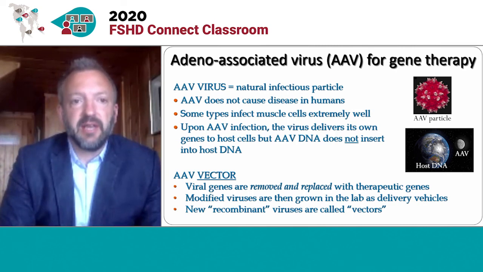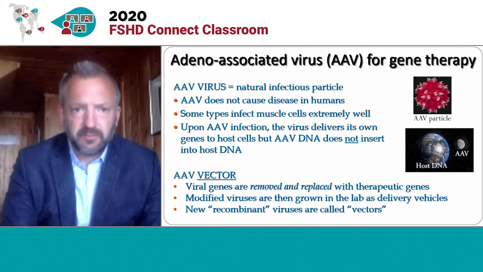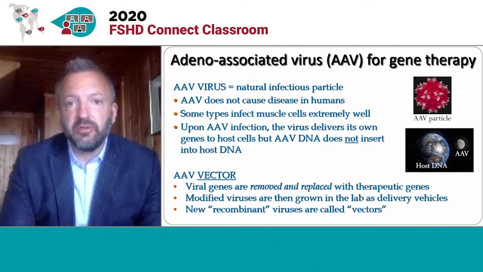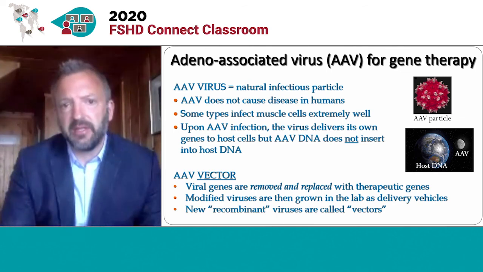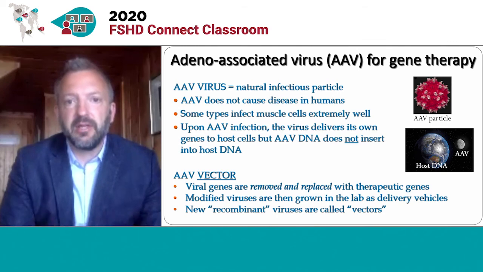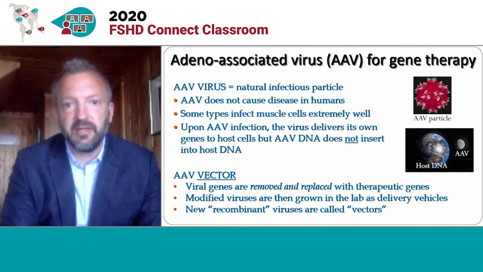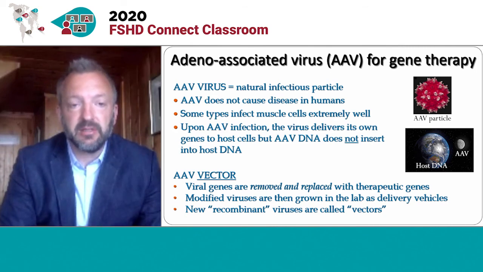There are a number of different types called serotypes, and some types like to infect muscle very well. So we can use these naturally developed processes that viruses have evolved for millions of years and turn them on their head and use them for our benefit to deliver therapies to whatever target cell we want. Now, some AAV viruses don't like to hit some cells, but fortunately, like I said, they do like muscle.